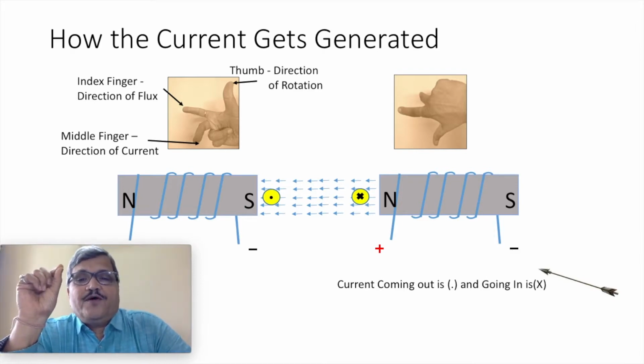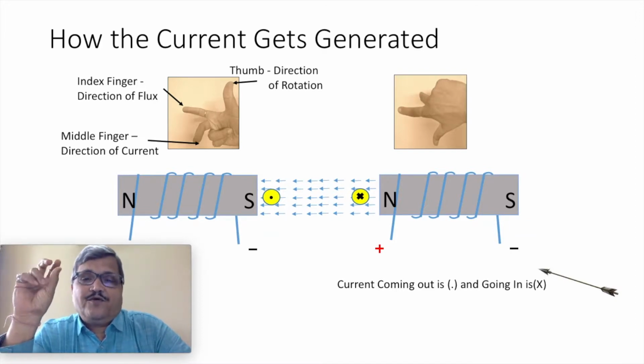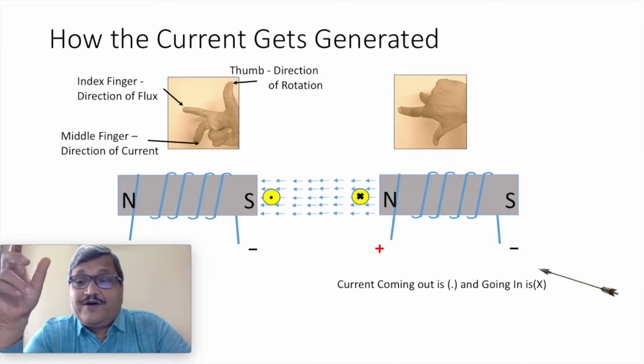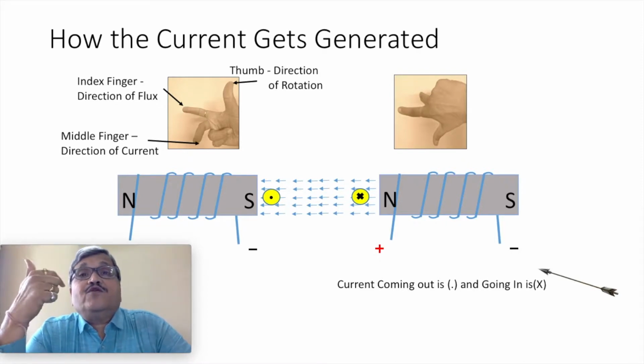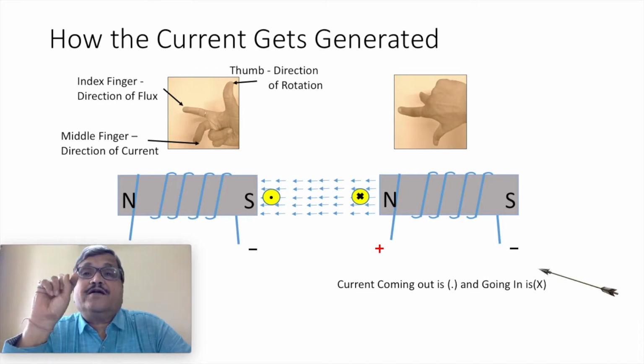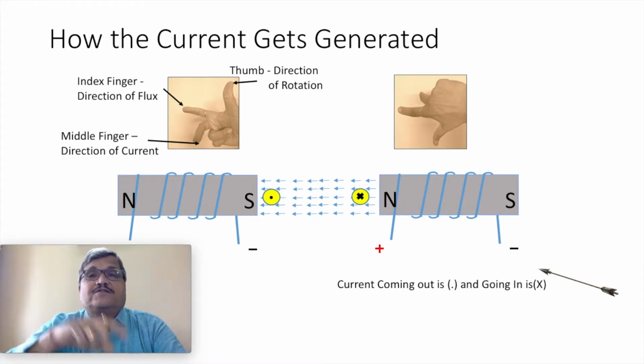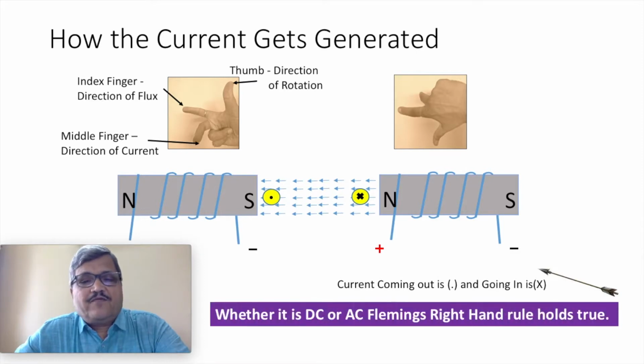But when the same arrow goes away from you, you can see the feather end of the arrow. So whenever current is coming out, you indicate it by a single point, and whenever the current is going away from you, you indicate it by a cross, like the feather end of the arrow. This is the easy way of remembering.